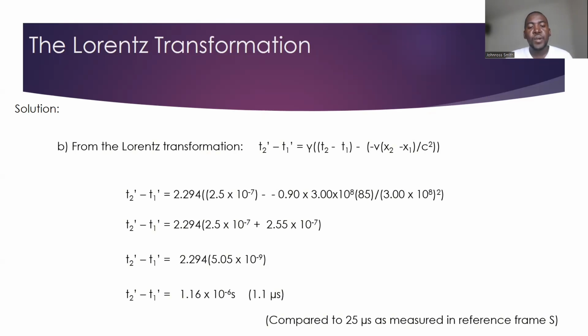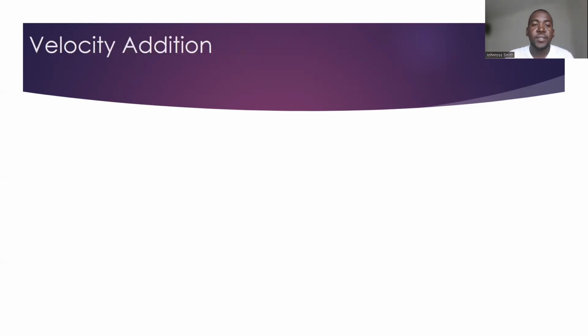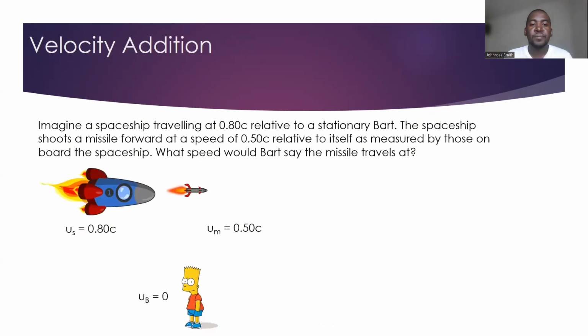In our S prime reference frame, the events happen over a longer time period between events, but in the S reference frame, it's happening in a shorter time period. And that's what we see from the first part of relativity, showing us that based on your reference frame, you will see an event happening either longer or shorter. And that's what this equation tells us.